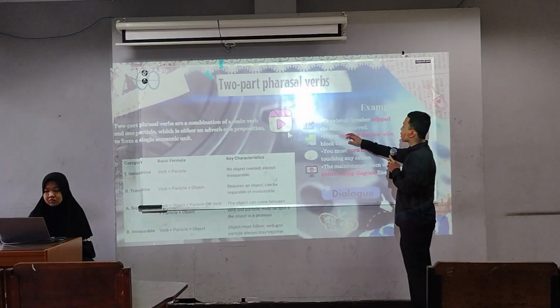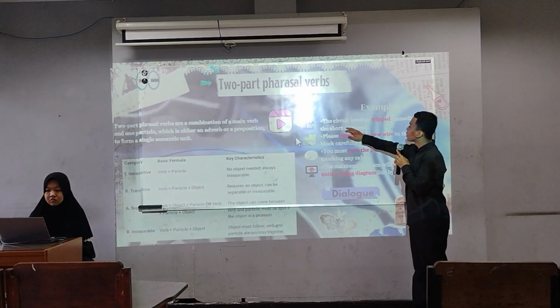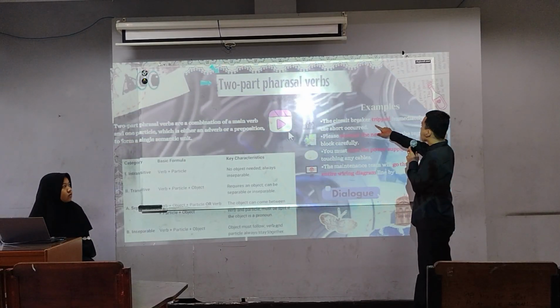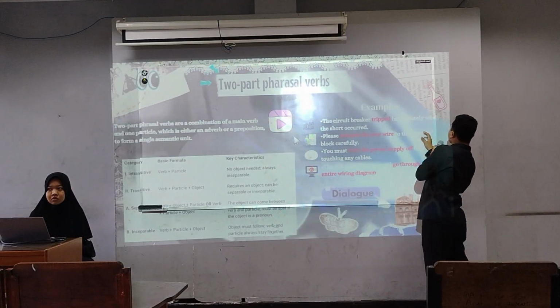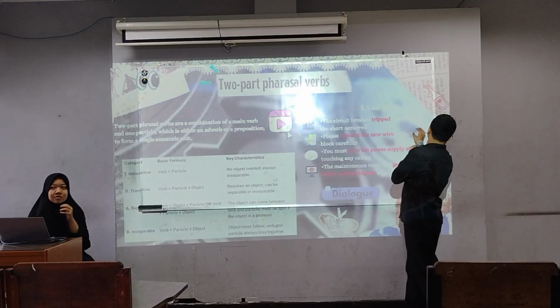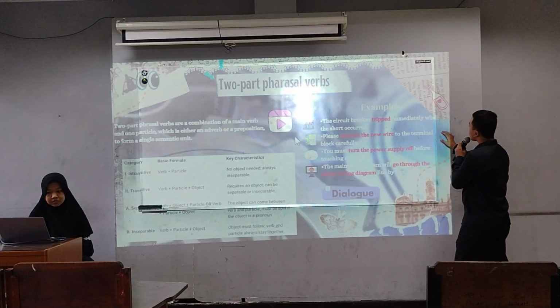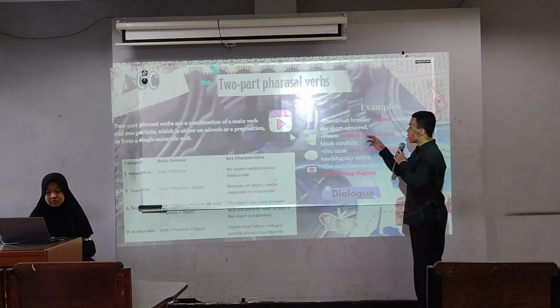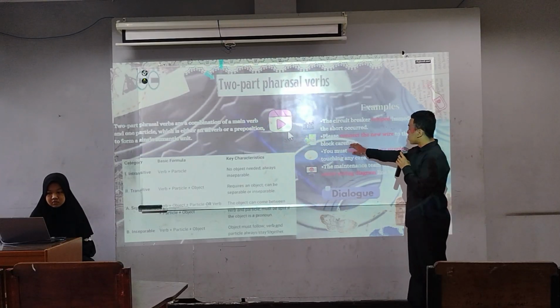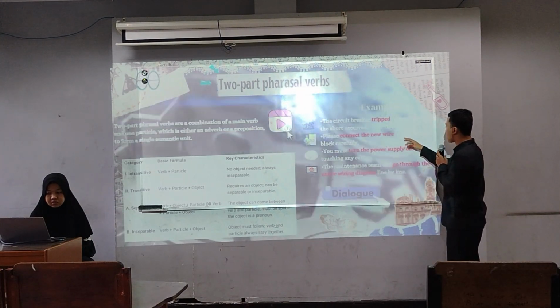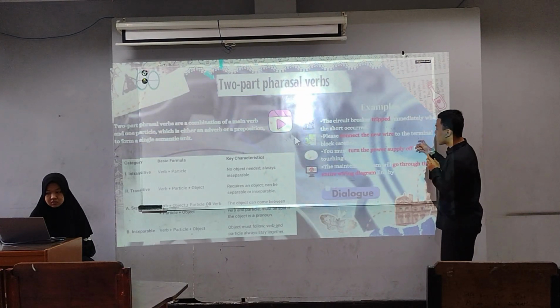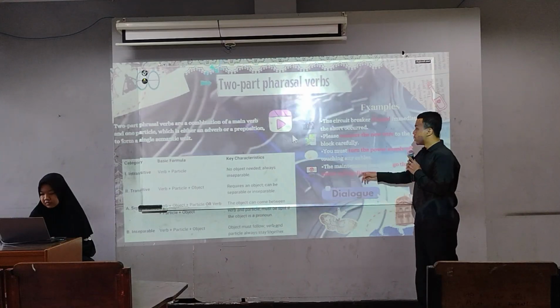Examples: The circuit breaker tripped immediately when the short occurred. Two, please connect the neutral wire to the terminal block carefully.